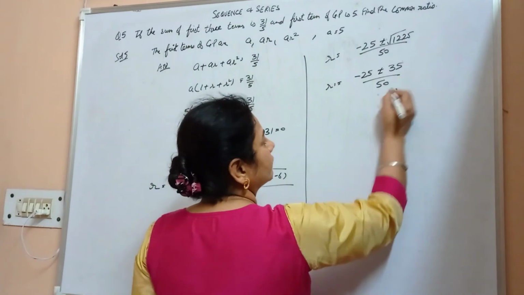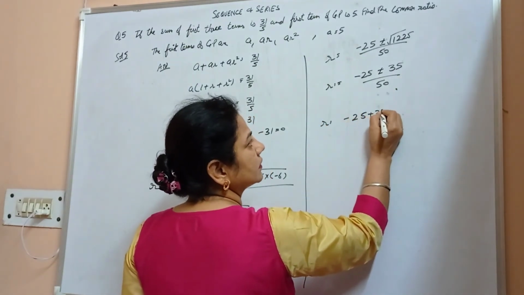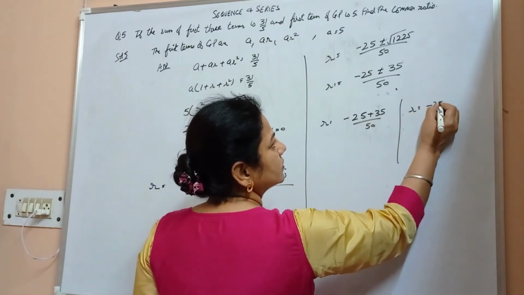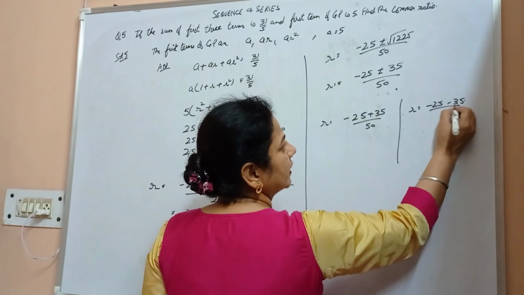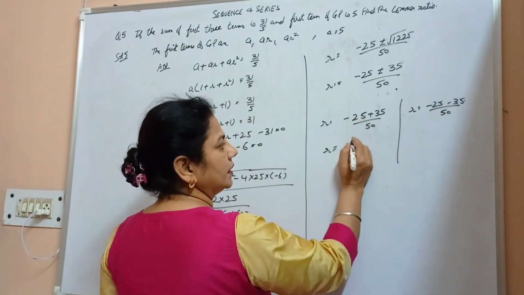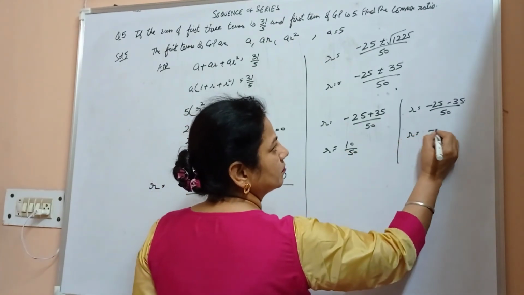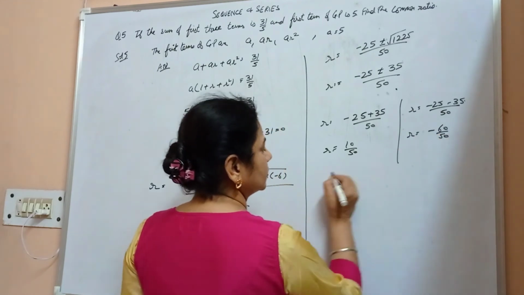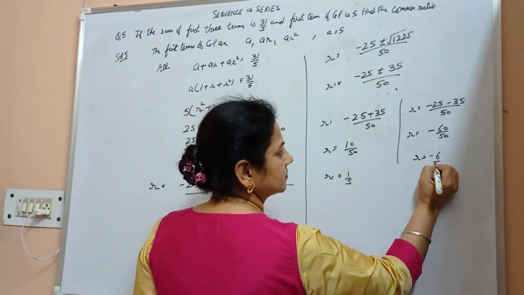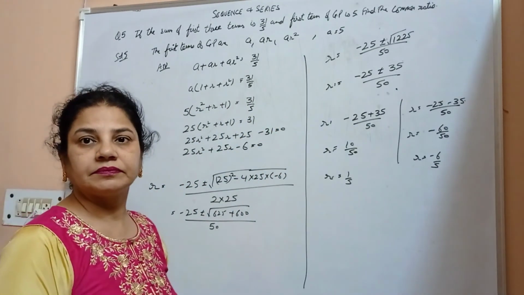One is r equal to minus 25 plus 35 by 50, and another r is equal to minus 25 minus 35 by 50. On solving, I get r is equal to 10 by 50, and here I get minus 60 by 50. So the value of r is 1 by 5 and here r is minus 6 by 5. I get two values for the common ratio in this particular case.